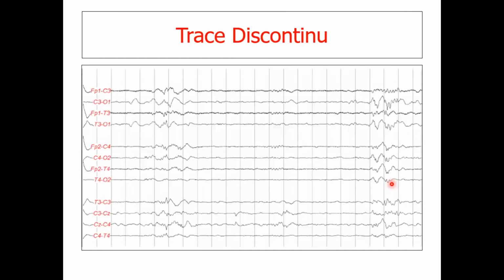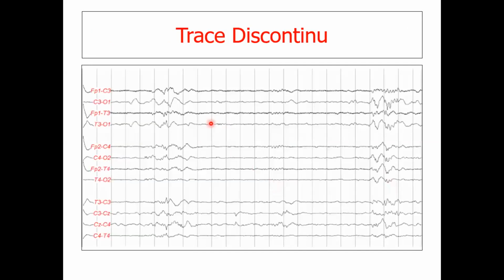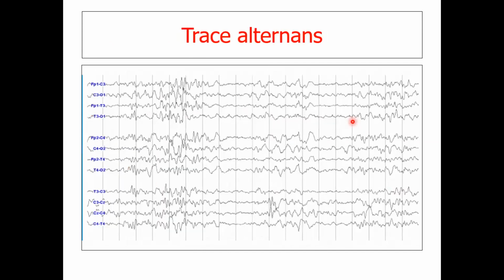So this record is known as a trace discontinue. In trace discontinue, a part of the record has bursts followed by attenuation, and the difference between trace discontinue and trace alternance is the amplitude of the intervening period.